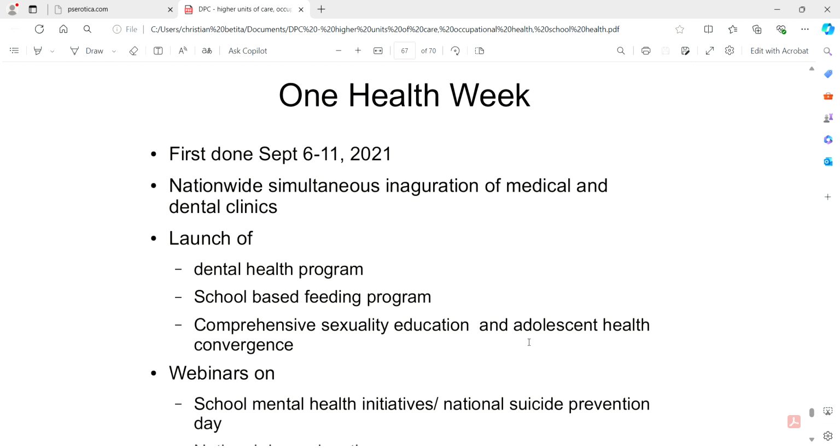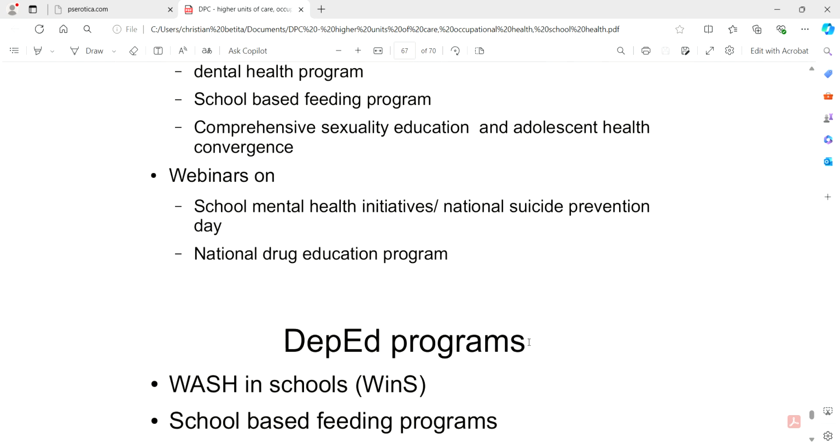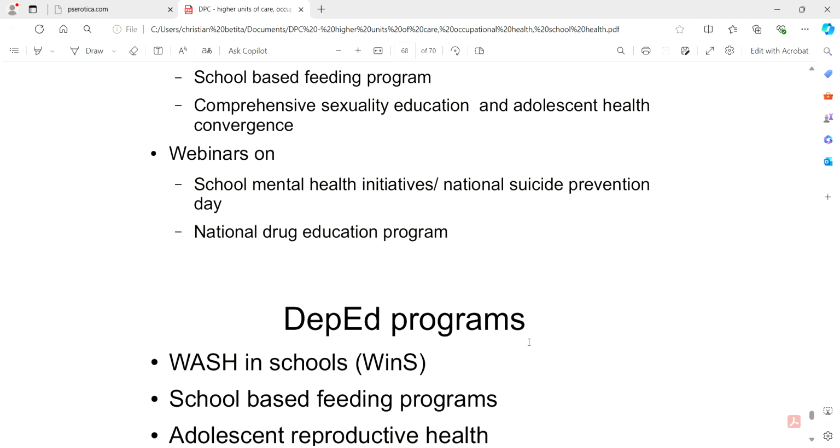Kasama rin dyan, I'm actually not sure kasi kung meron na tayong transsexual education, pero kasama dapat yan under adolescent health. And also specific concerns for LGBTQI youth.